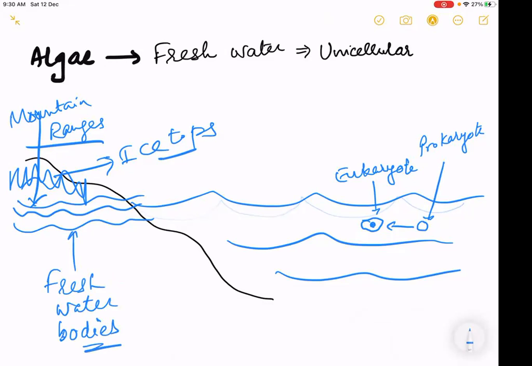Now eukaryotes which are present in the water of the oceans, they sometimes migrate towards the place where fresh water meets the ocean water.